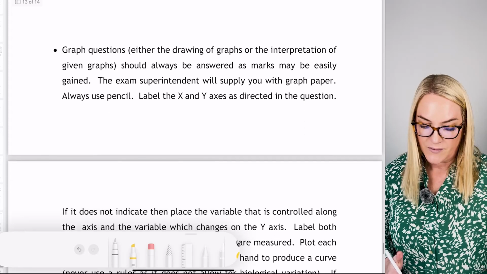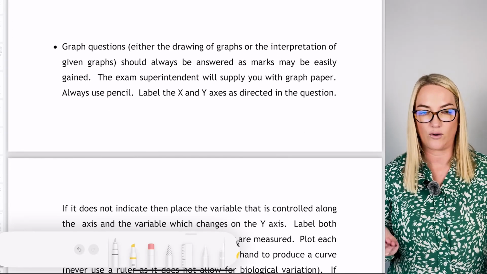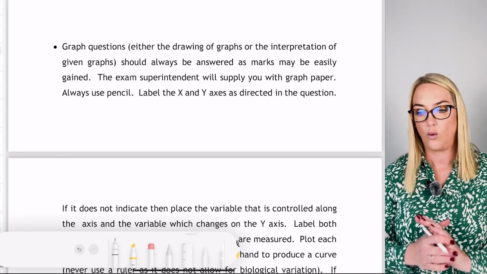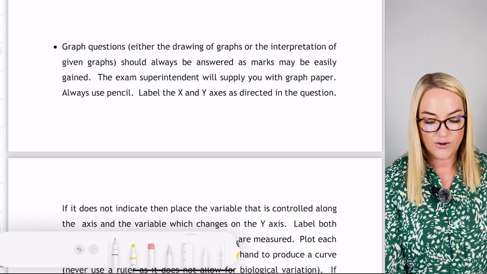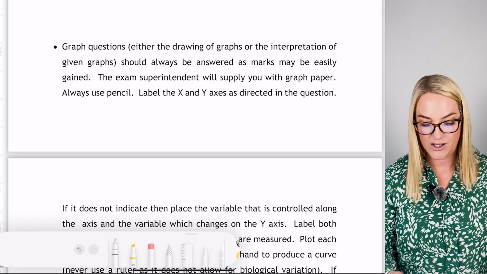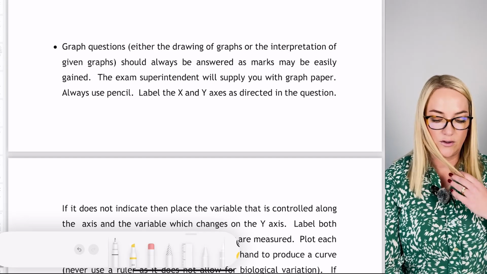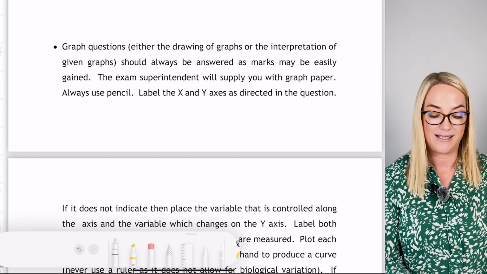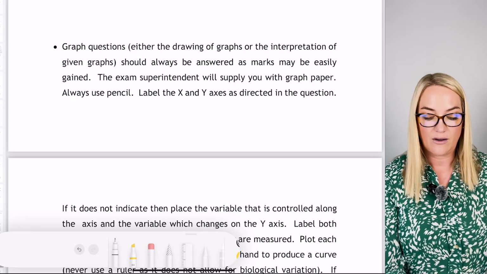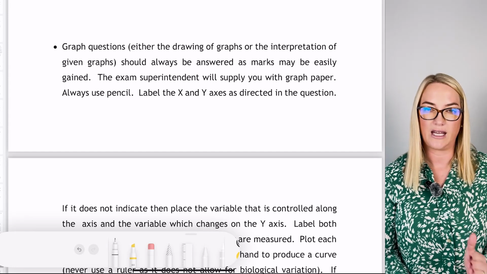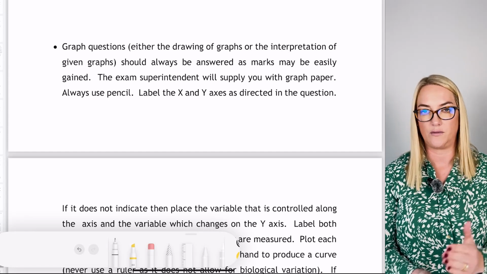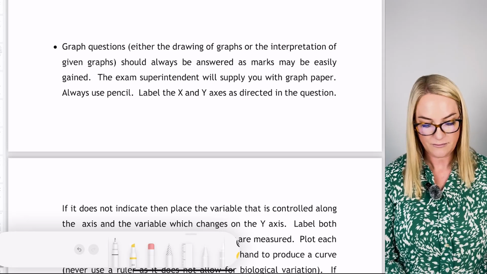Graph questions. You will get a graph question. A graph question will appear somewhere on the biology paper, either drawing the graphs or the interpretation of the graphs. Marks can be easily gained here. Now, you can get extra graph paper if you run out, but within your booklet, the first few pages are graph paper.